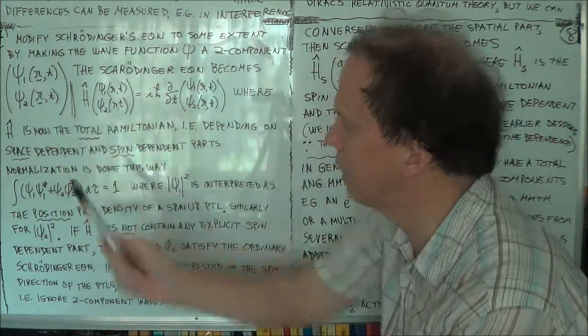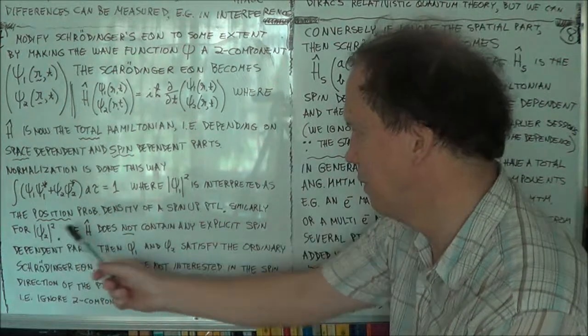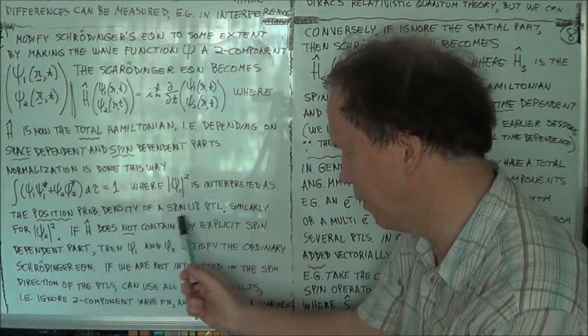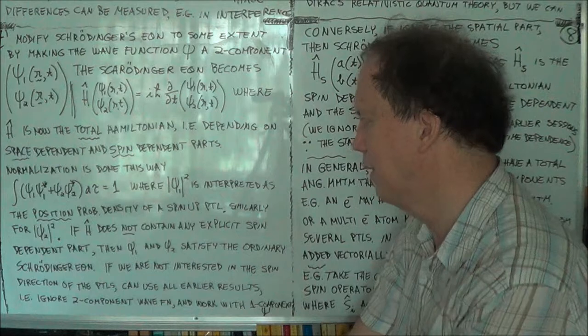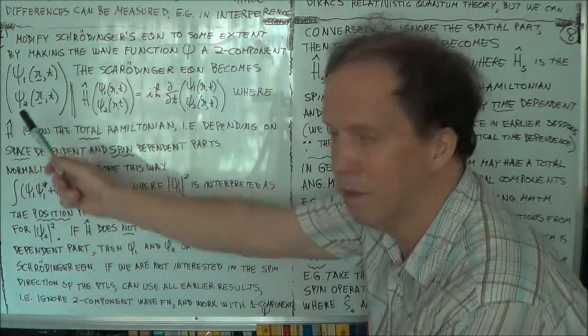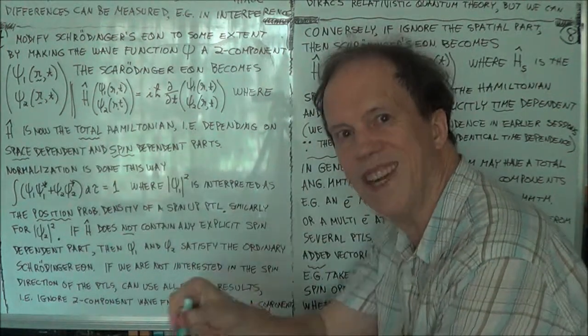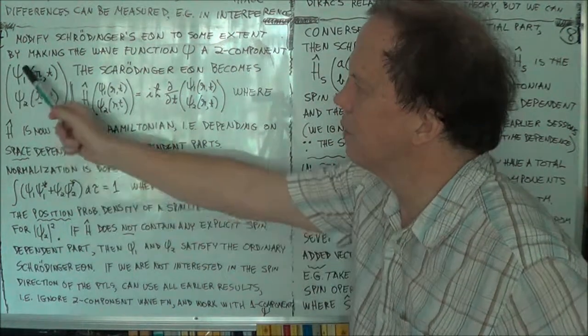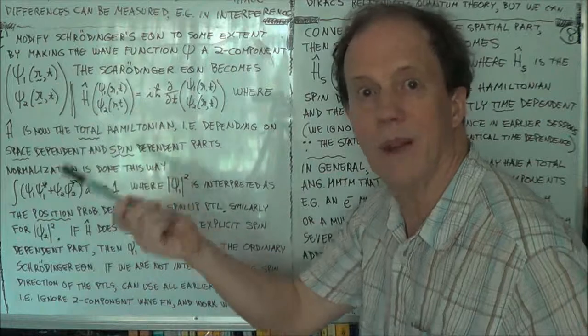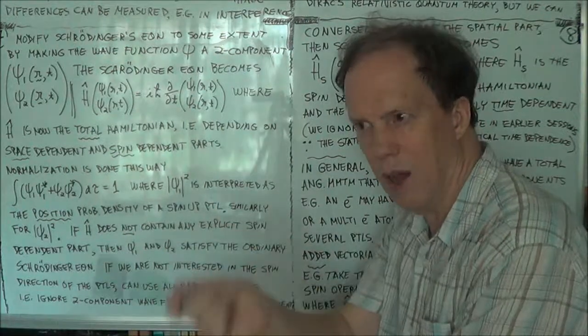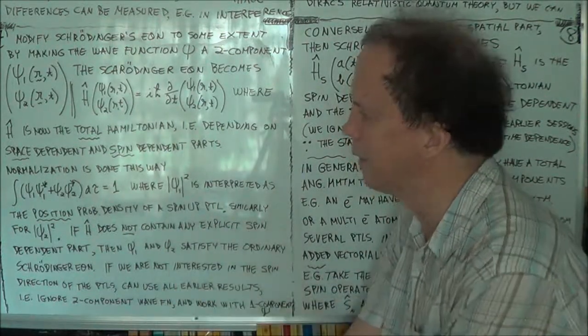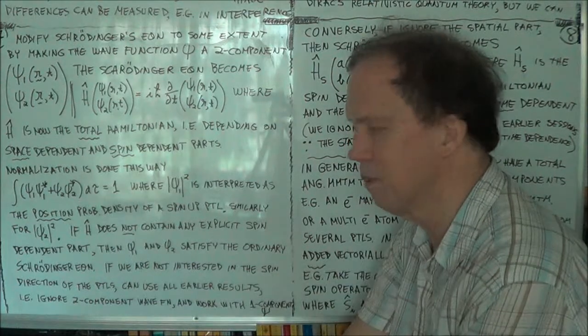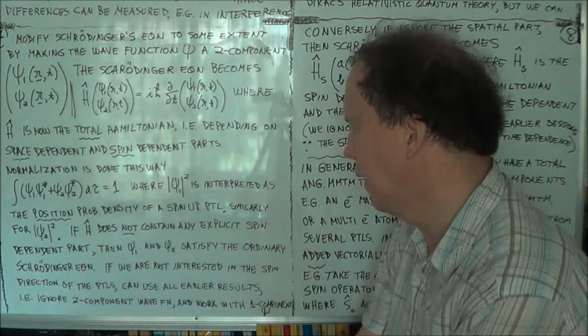So you just square that, and that gives you the probability of getting a spin up result. Similarly, squaring this would be the probability of getting a spin down result. And those two probabilities, you square that plus you square that, you get 1. The result has got to be either up or down. It's one or the other. That's your normalization.